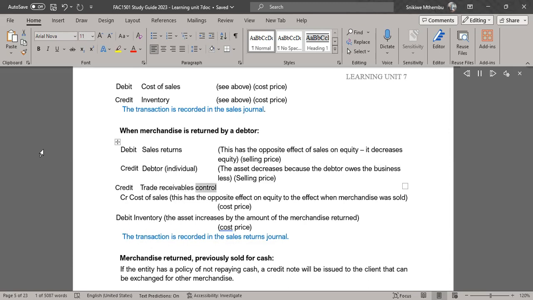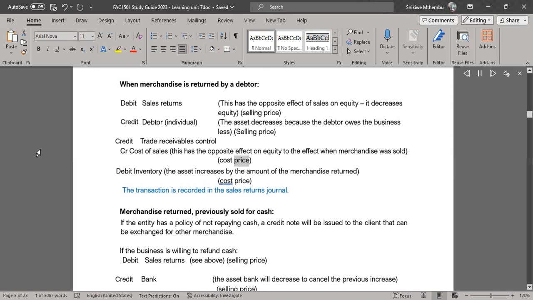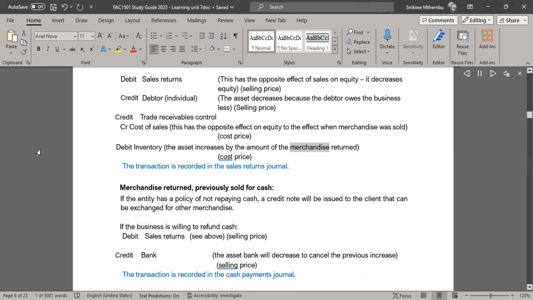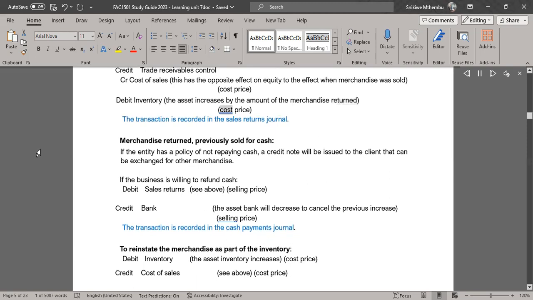Credit trade receivables control. Credit cost of sales, this has the opposite effect on equity to the effect when merchandise was sold, cost price. Debit inventory, the asset increases by the amount of the merchandise returned, cost price. The transaction is recorded in the sales returns journal.